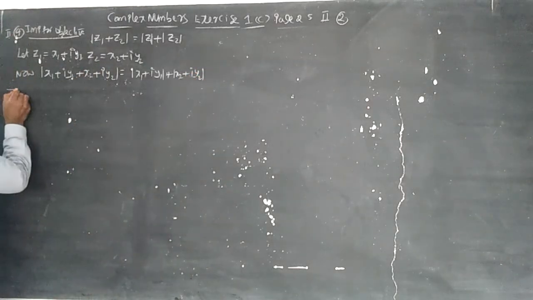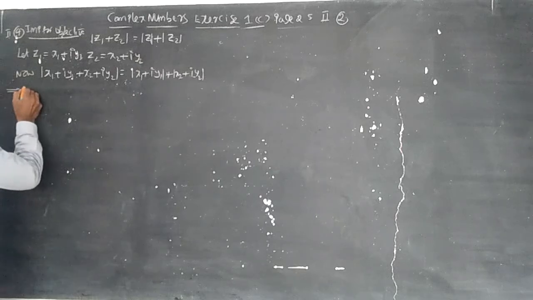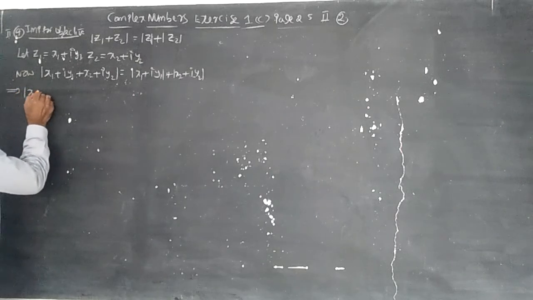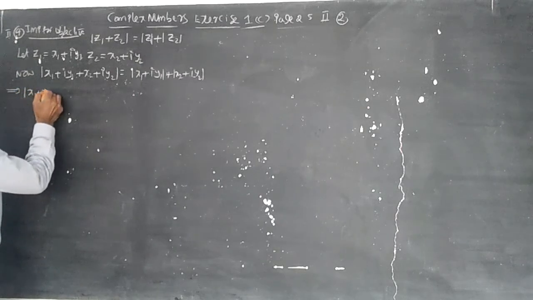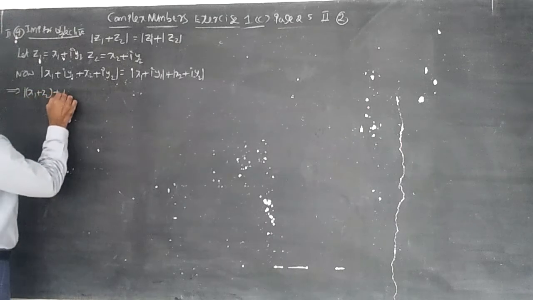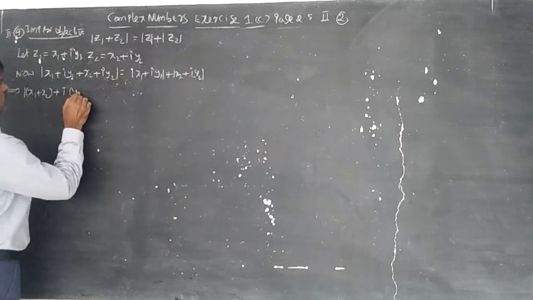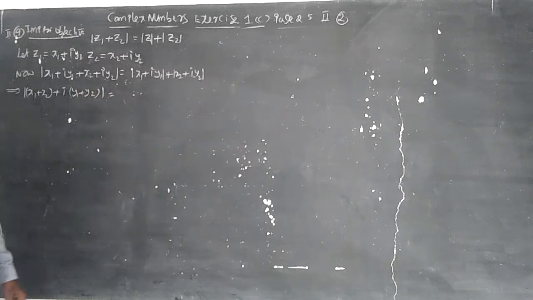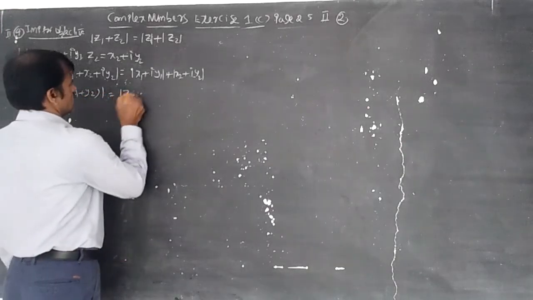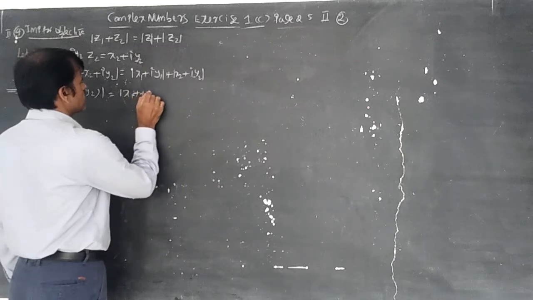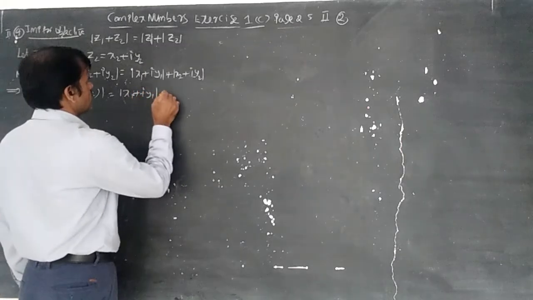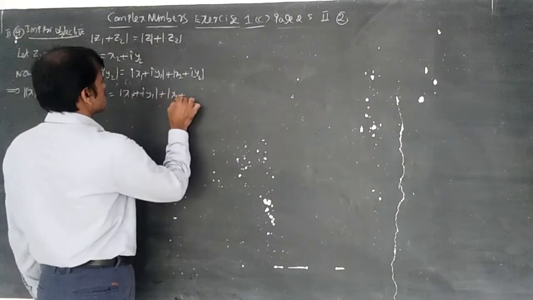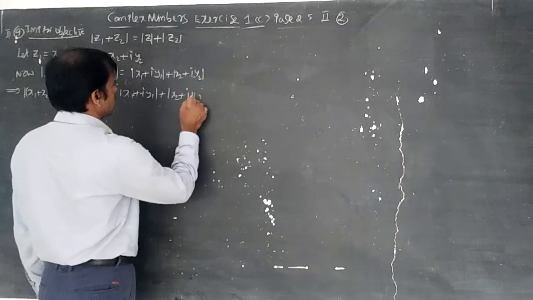That implies, take real part aside, x1 plus x2 plus i into y1 plus y2 is equal to modulus of x1 plus i y1 plus modulus of x2 plus i y2.